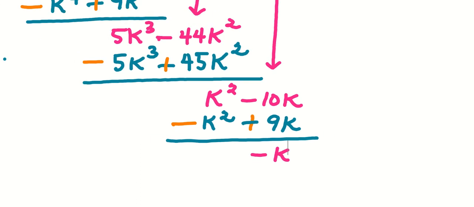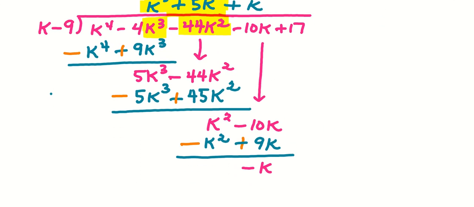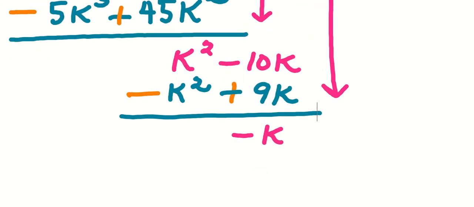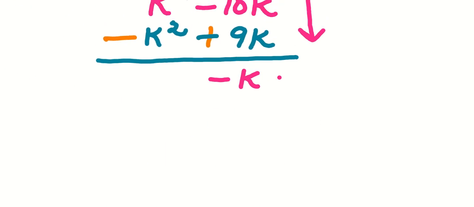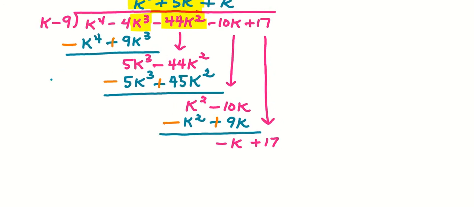And then I have to drop down that 17. Whoops. And I think that was, oh, it's a positive 17. Okay, so we want to write down plus 17. And then we divide again with that k minus 9, and that's just going to be a minus 1. k into negative k is negative 1 time.